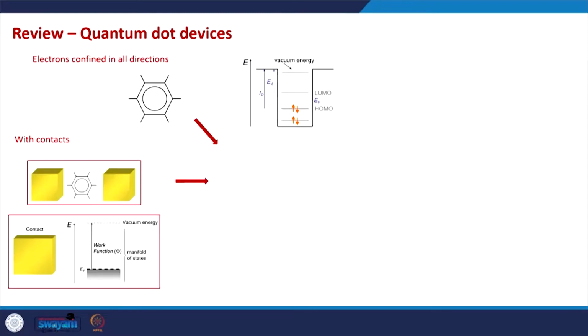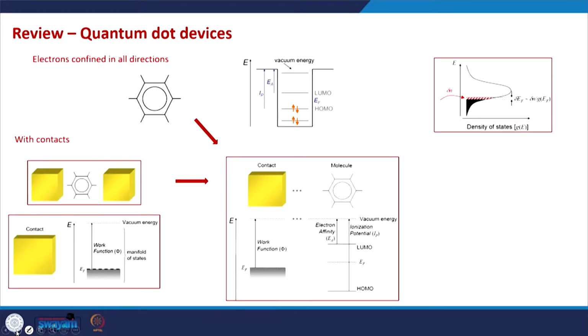So let's quickly review what we have been discussing. What we have seen so far is that in quantum dot devices, the channel part, the active part of the device, is modeled by using molecular orbitals. And we have seen what happens when we put this quantum dot in contact with bulk metal.